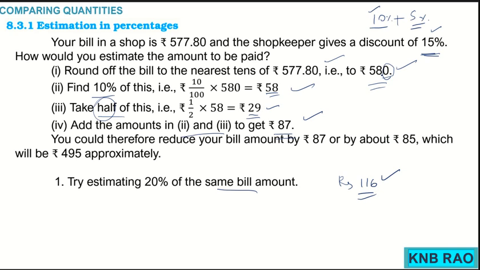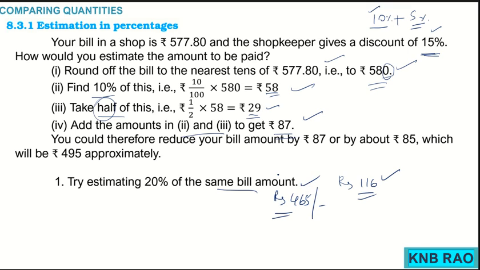If I subtract 116 from 580 rupees, approximately instead of 116, I'll subtract 115. So I will get 580 minus 115 gives me 465 rupees. So I will be paying around 465 approximately.